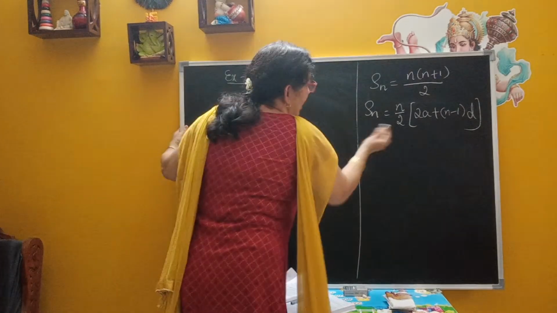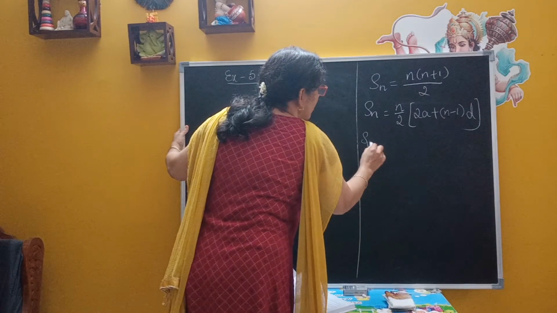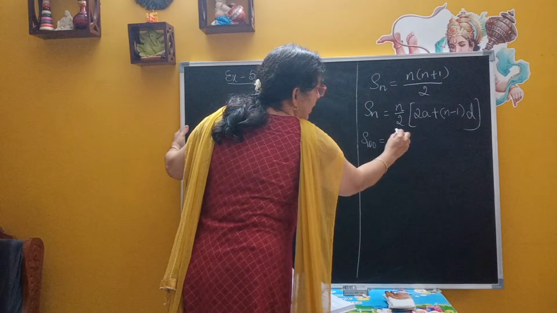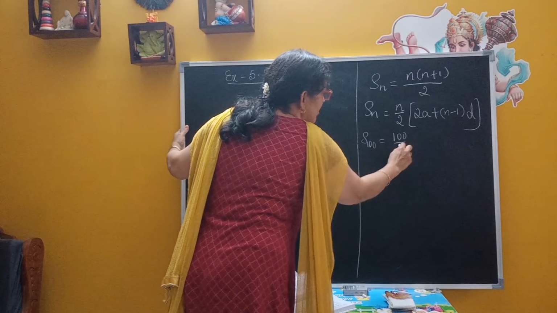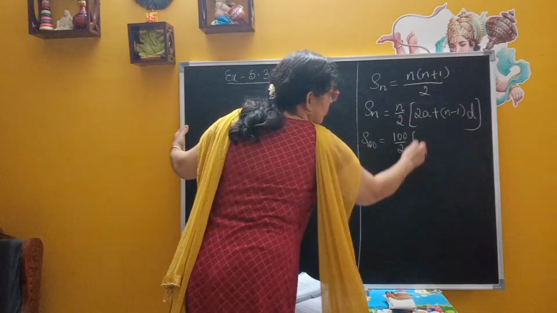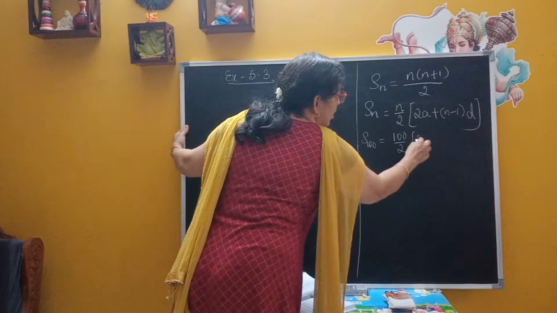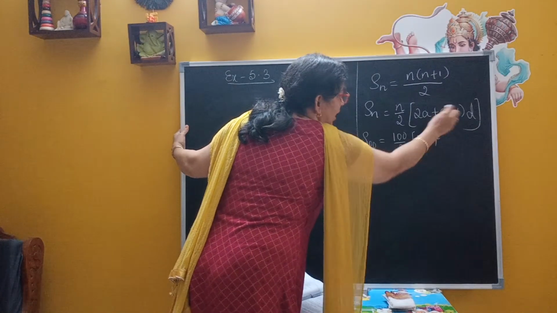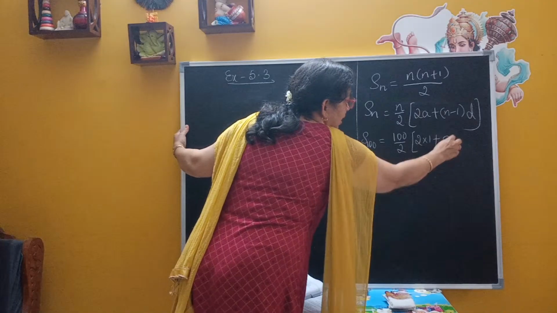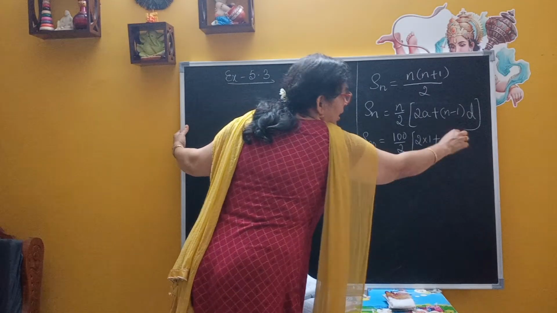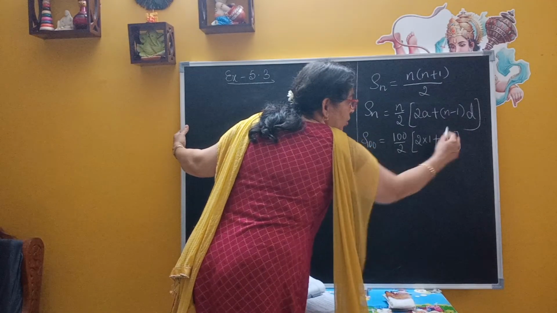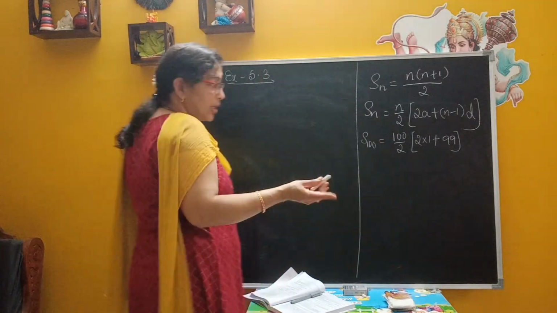So S100 is equal to n by 2, that is 100 by 2, into 2a, that is 2 into 1, plus n minus 1, that is 100 minus 1, which is 99, into d. The value of d is 1, so 99 into 1 is 99 only.